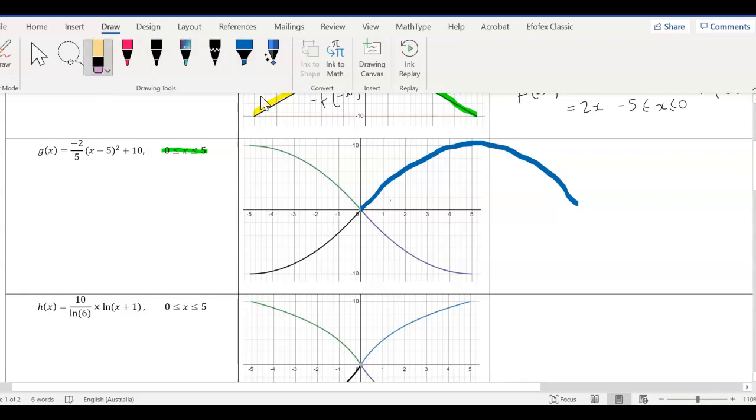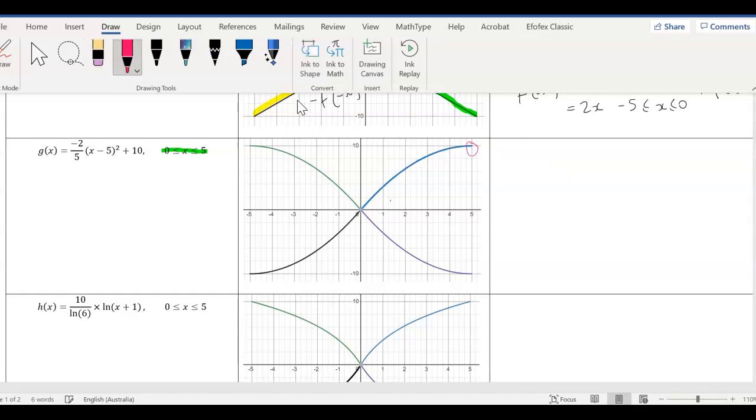Okay, so it kept going, but I only wanted it to go to this point here, 5, 10, which is our turning point. Okay, so if you wanted to make that sort of shape, obviously you take into consideration the turning point. All right, so your turning point is at 5, 10. And another point on that graph, I can see it goes through the origin. So it's not a turning point at the origin, it's just a point on the line.